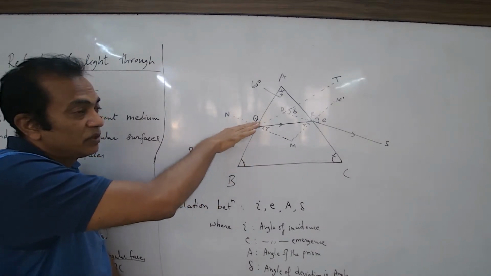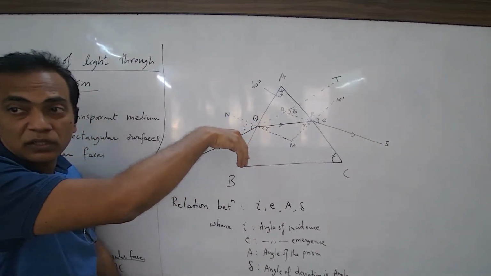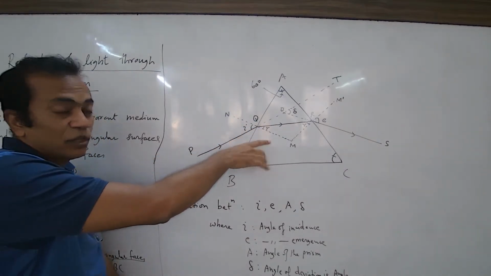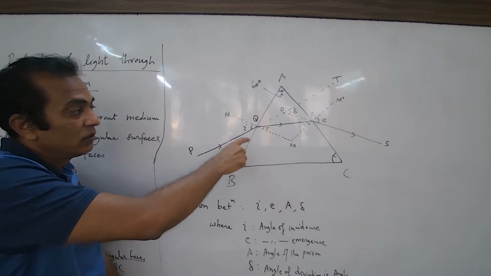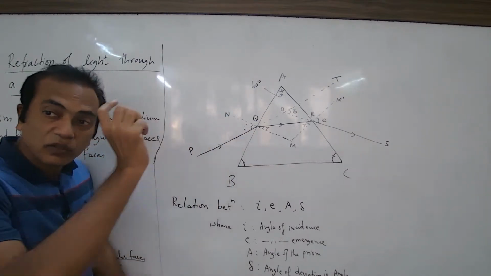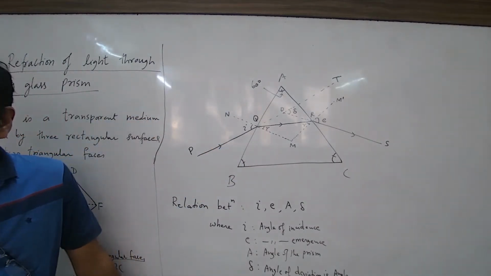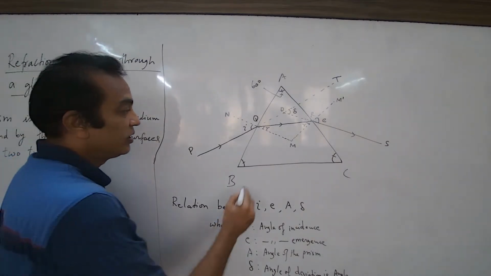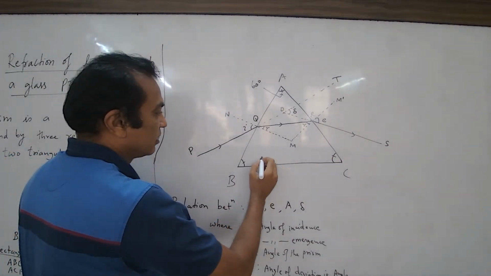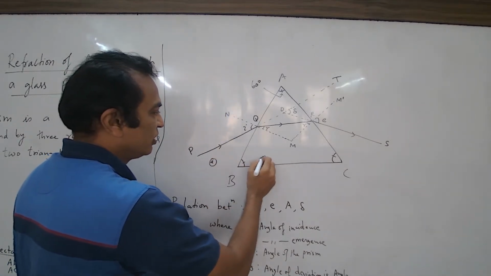Whenever the speed reduces, its direction goes towards the normal. Okay? And there is a law. What is the law? Whenever you take the ratio of sine of i and sine of r, it is always constant for a given pair of media. That constant is called the refractive index, which is mu. So if this is glass, and if this is air, these are the two media.